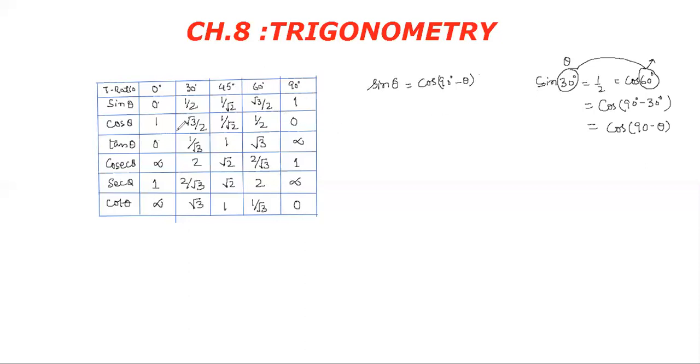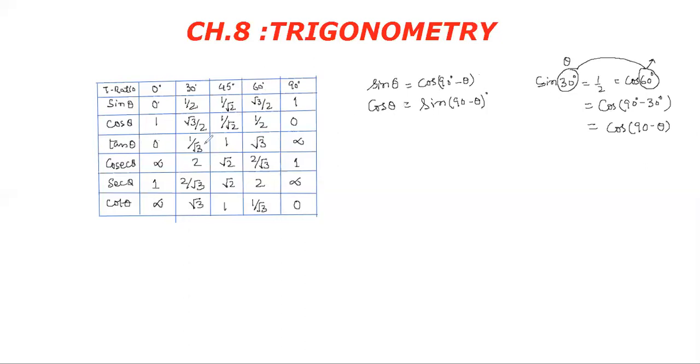Similarly, it is valid vice versa. If you observe the value of cos 30 degree, the same value you will get at sine 60 degree. So I may say that cos theta is equal to sine 90 minus theta.